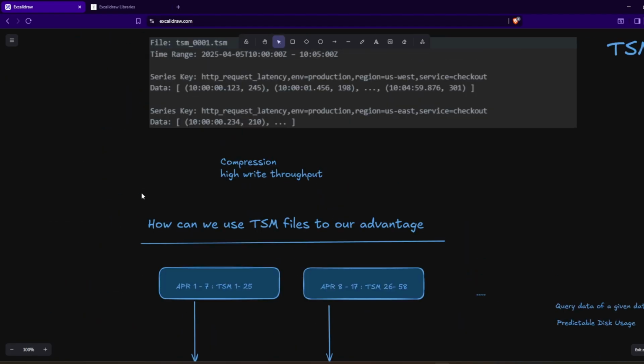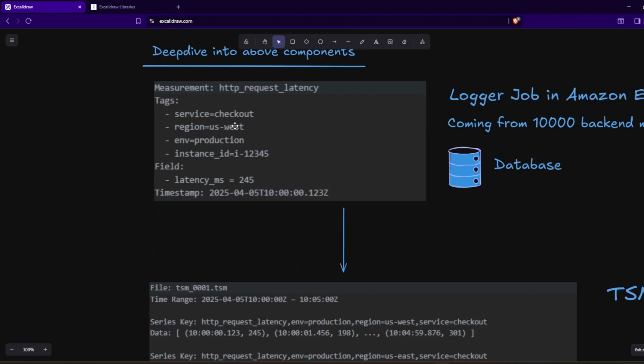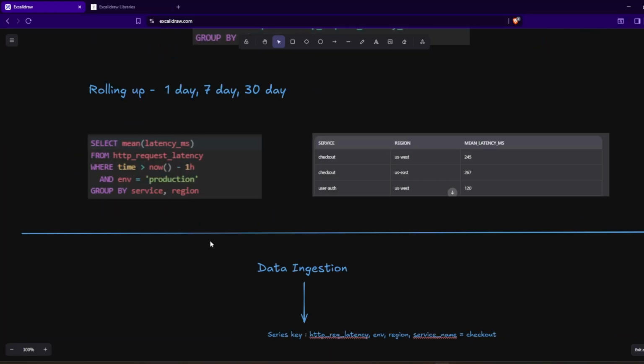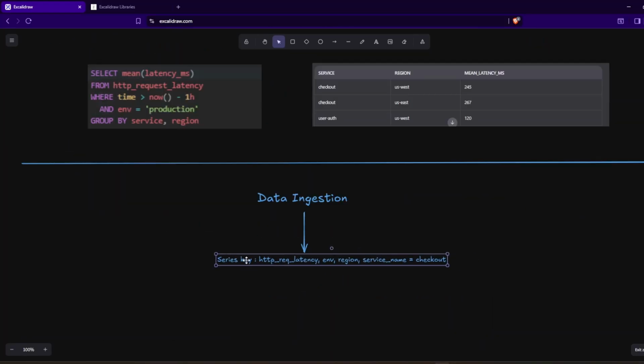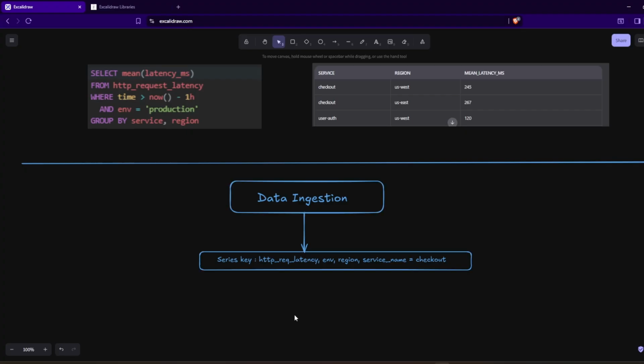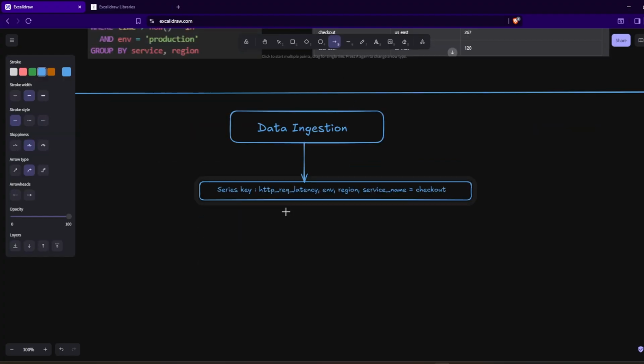So here we discuss this thing, right? The service name is checkout and the other stuff. So during the data ingestion, what happens is we get this series key. Now this would go to TSM.